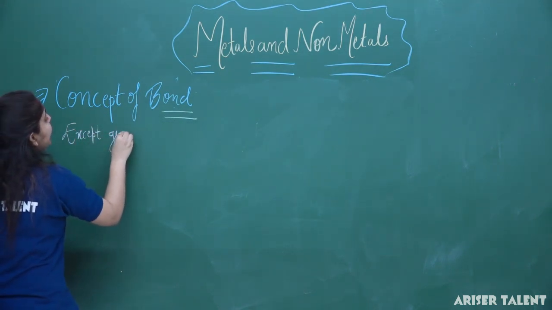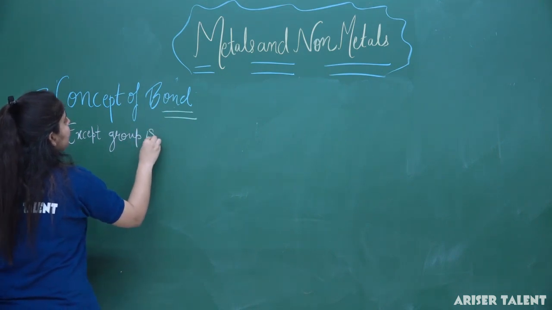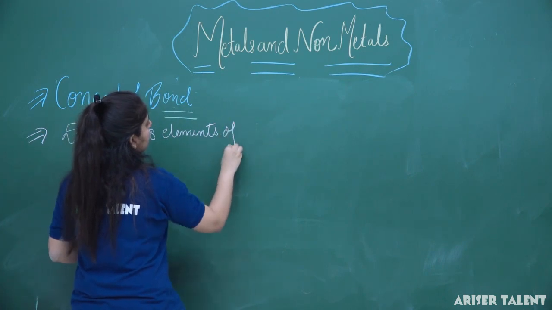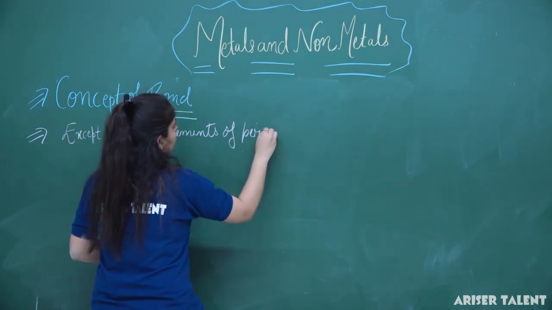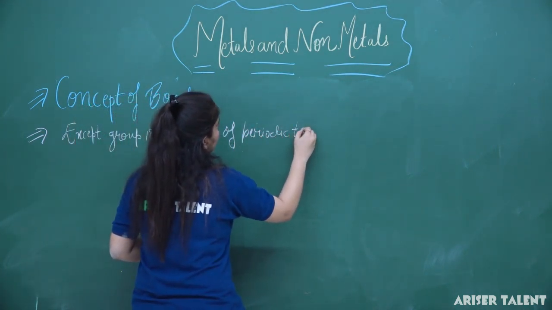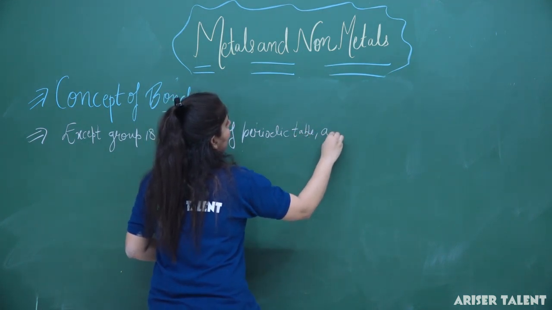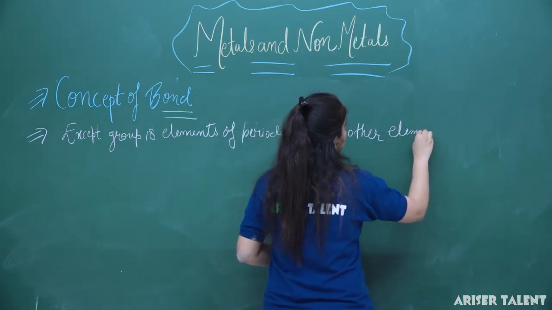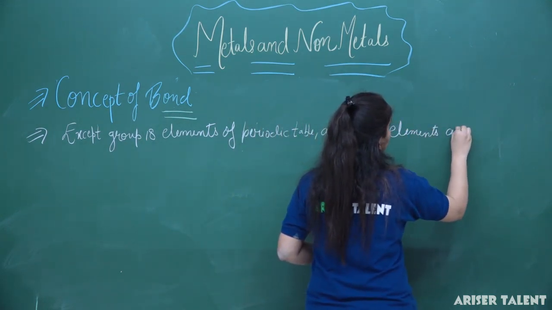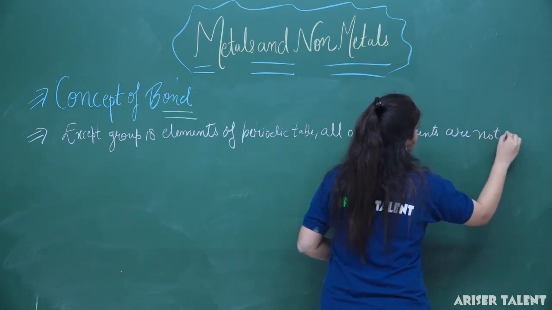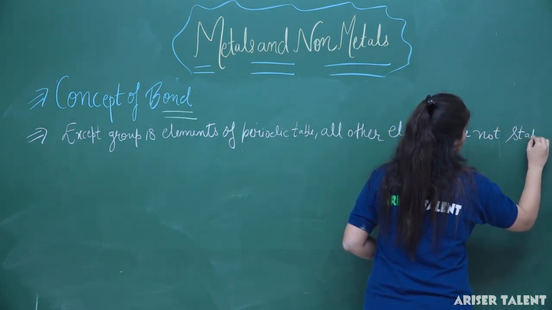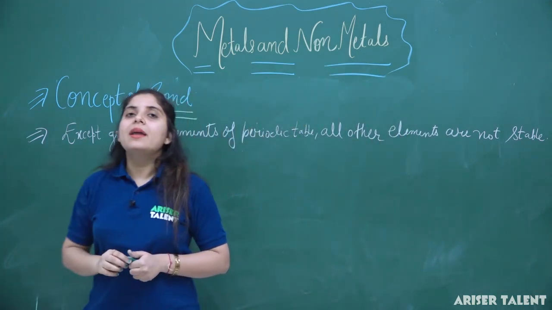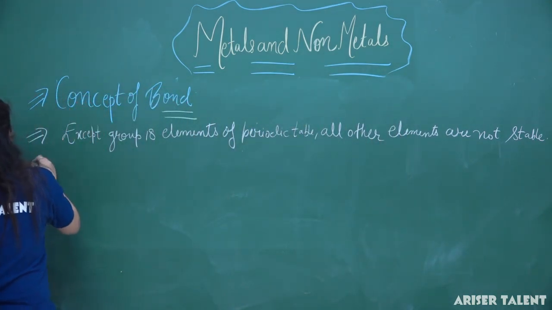Except group 18 elements of the periodic table, all other elements are not stable, and they will attain stability only by gaining or losing an electron.